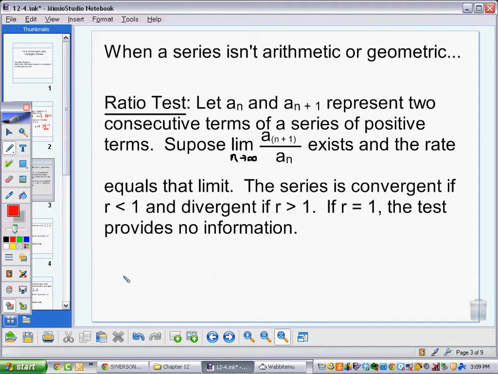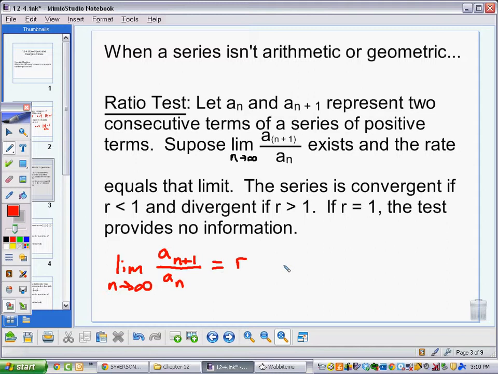You can read through the big long definition if you want, but in shorter terms, we take the limit as n goes to infinity of 2 positive terms in this series, a sub n for the first one, and then the next term, a sub n plus 1, that produces a ratio r.